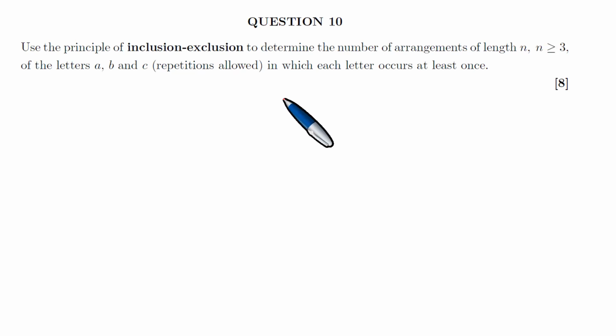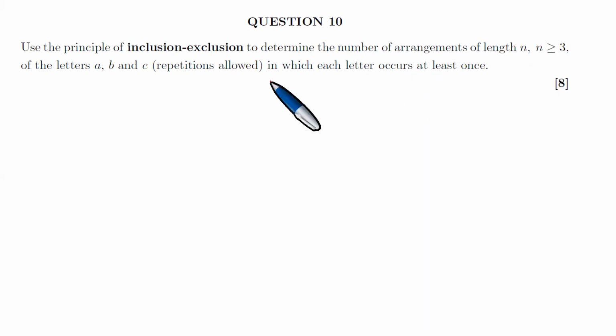A very important concept is called the inclusion-exclusion principle. Use the principle of inclusion-exclusion to determine the number of arrangements of length n, where n is at least three, of the letters A, B, C, repetitions allowed, in which each letter occurs at least once.